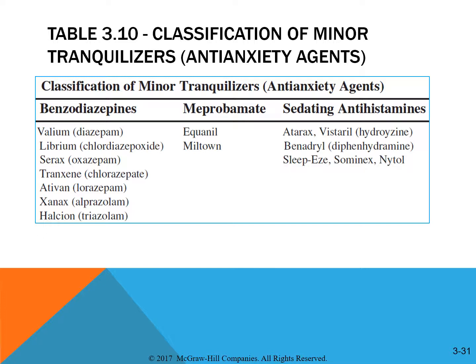Minor tranquilizers, or benzodiazepines, are used as anti-anxiety agents. They reduce anxiety and tension. Major tranquilizers are used over the long term for serious mental illness, such as schizophrenia, and are also antipsychotics.